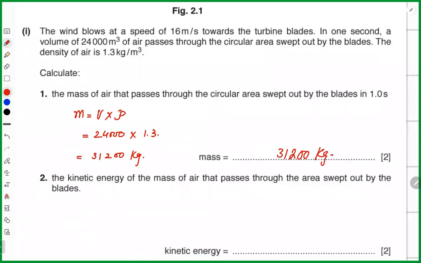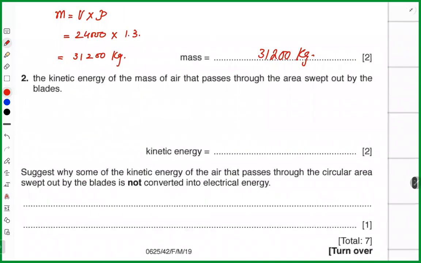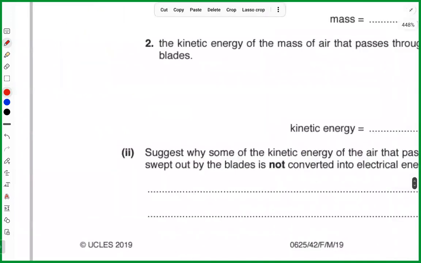Now, calculate the kinetic energy of the mass of the air that passes through the area swept by the blades. How do we calculate kinetic energy?